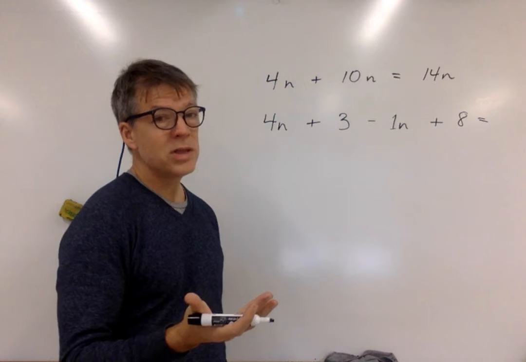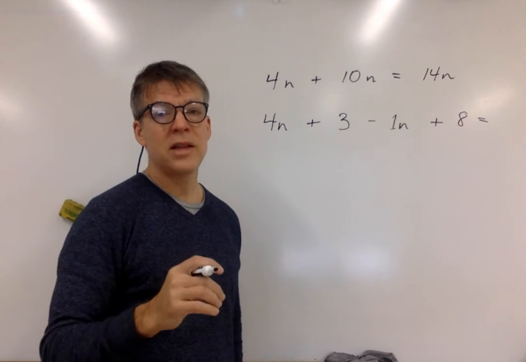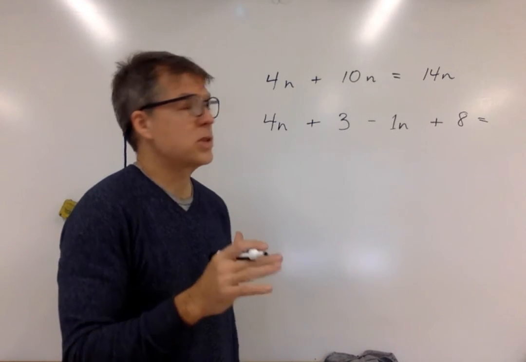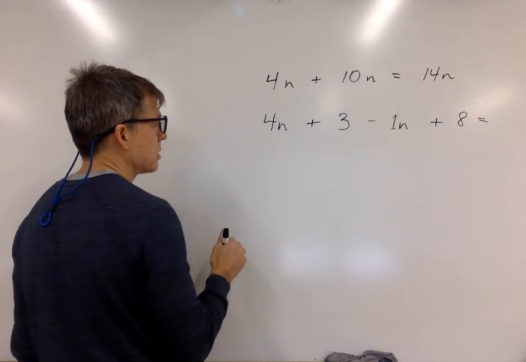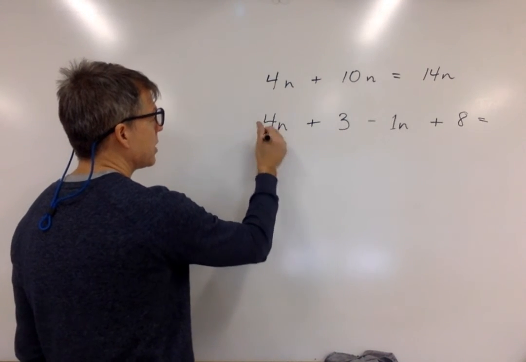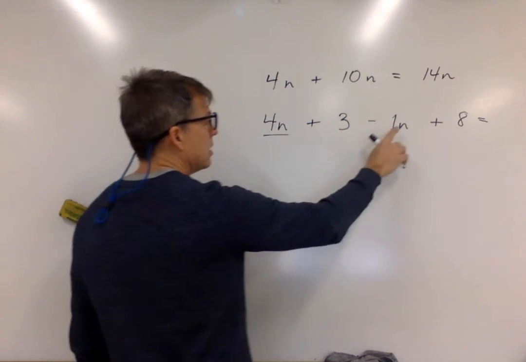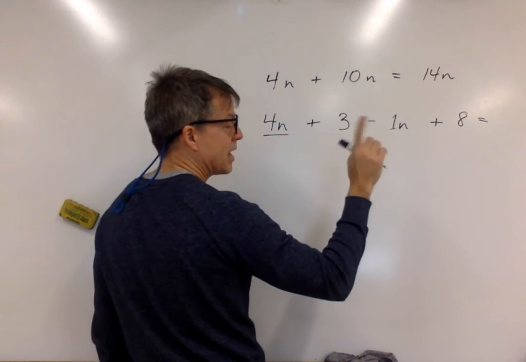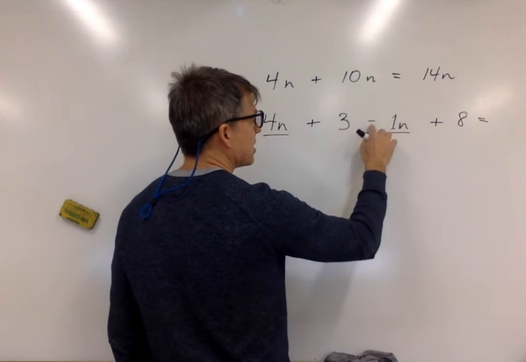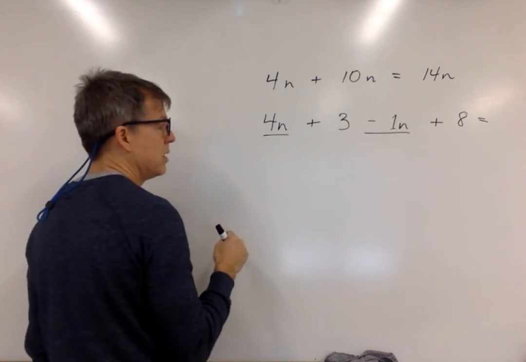So what I usually recommend is underline the terms with the variable to keep them straight, because they are like terms. So this has a variable, I'm going to underline it. This doesn't have a variable. This does, so I'm going to underline it, and I recommend including the sign so that we remember that this is a negative.